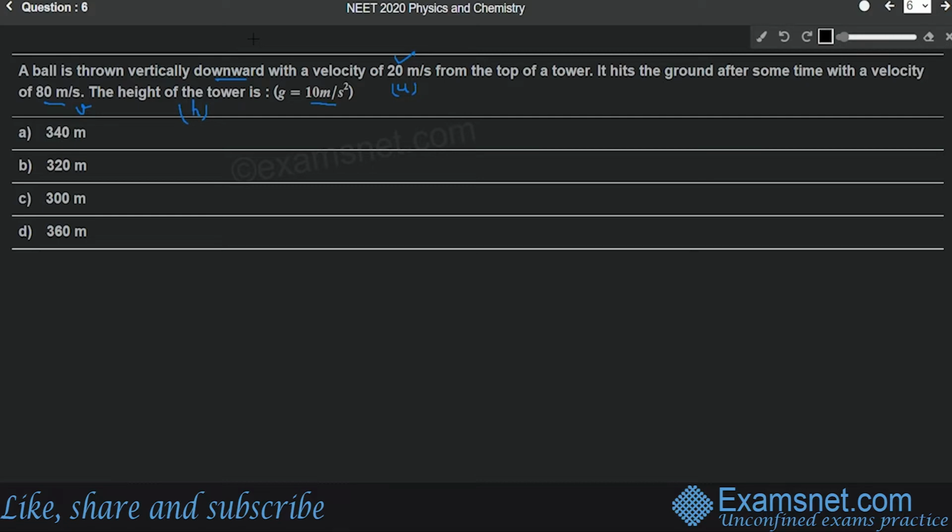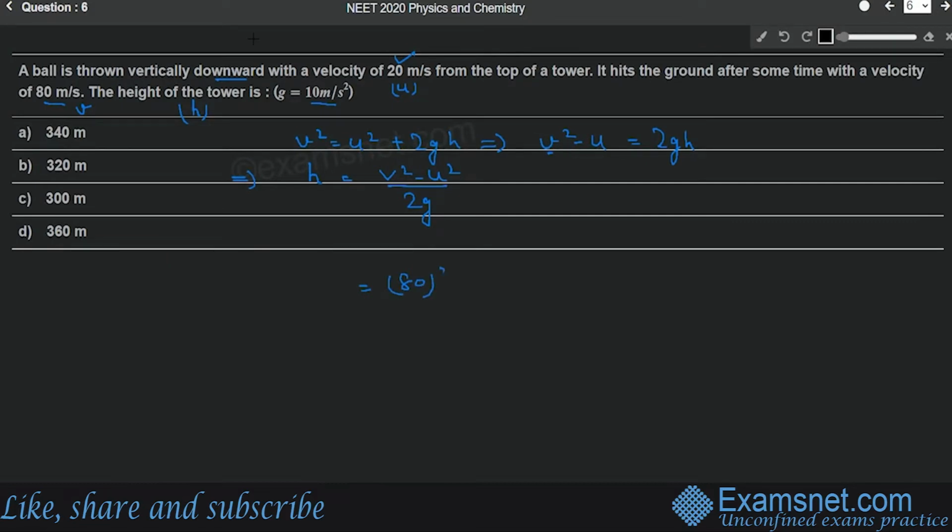So we can simply use the equation v square equals u square plus 2gh, right? So v square minus u square will be equal to 2gh. Now we have to determine the value of h. So h will be equal to v square minus u square divided by 2 into g. Now we can put the values. v is given as 80 meter per second.